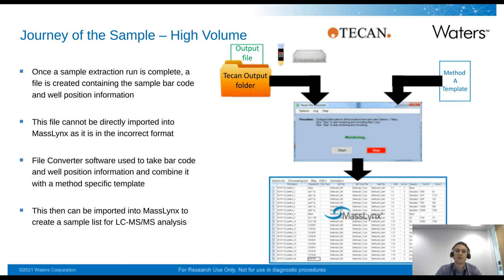The file converter monitors the folder where this is saved, and any new files created are converted. To do this, the software will take the sample ID and well position from the output file and merge it into a method-specific template file, which contains the LC-MS/MS method information, and this file can then be imported into MassLynx.